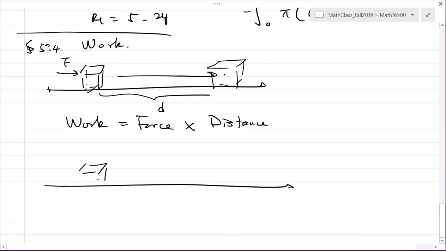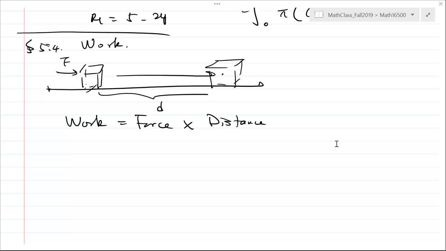Use the same box, moving along this coordinate line. Here's a point A, here's a point B, and you move the box to here. But the force you are applying is going to be a function of x.